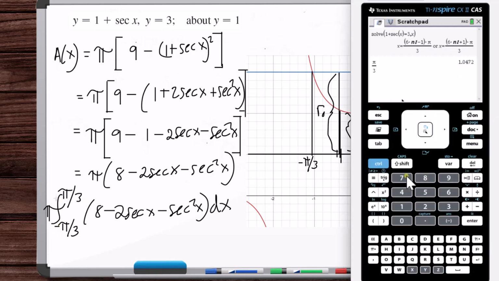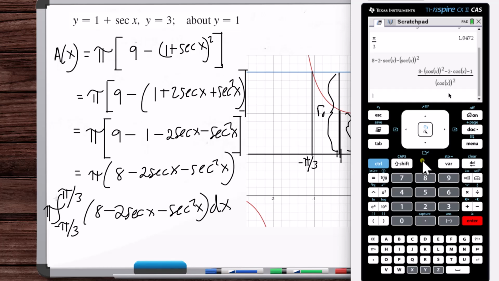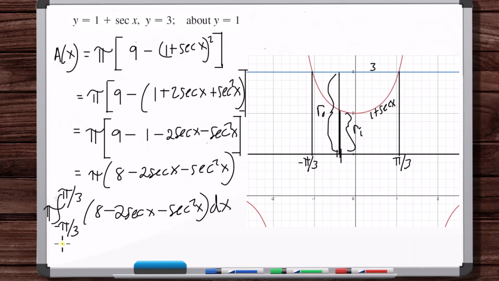This should be an even function. Okay, so now if we put a minus here, we should get the same formula, and we do. So we can write this as, bring out a 2, so 2 pi, and then do 0 to pi over 3.